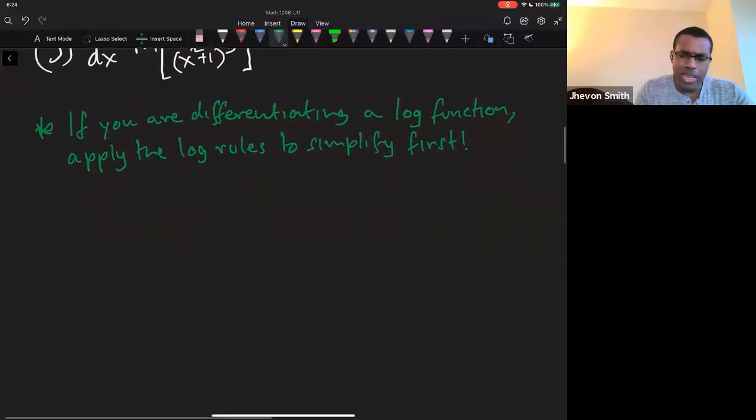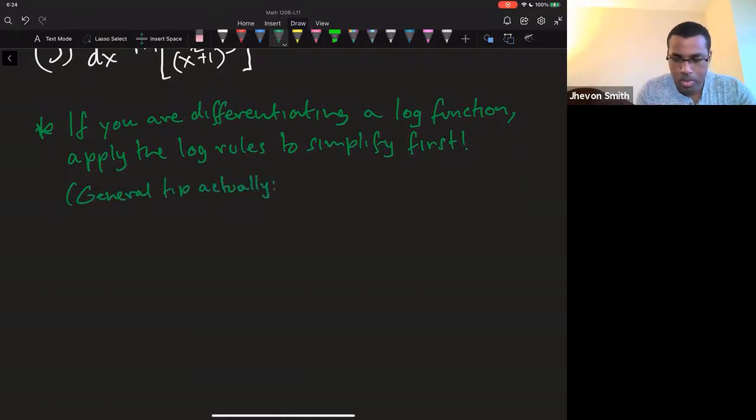I mean, that's actually probably a general tip, I would say. Simplify before taking derivatives.